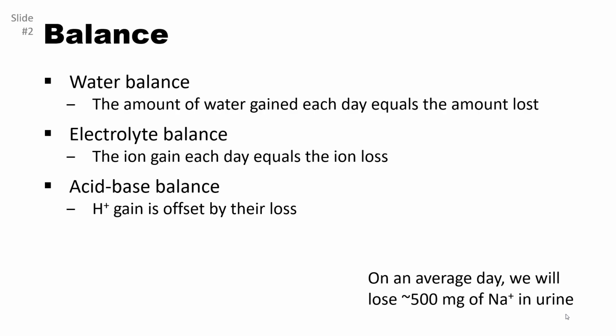Interestingly, cells and tissues do not directly transport water. So fluid balance is a reflection of control over ion or electrolyte concentrations inside and outside of the cells. So gain and loss of water, electrolytes, and acid or base must be balanced within the body.